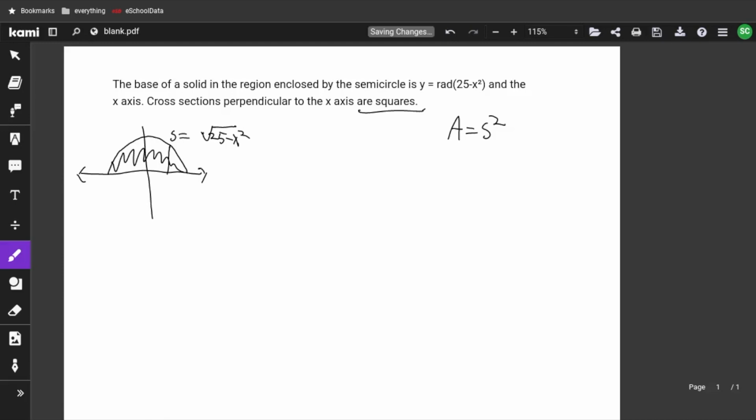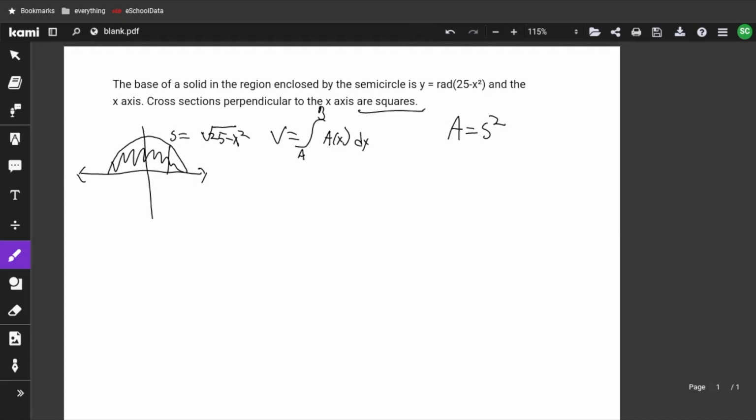Now, going back to the original equation that I stated before, the volume is going to be the integral from a to b of the area. We know our area is going to be S squared, and that S is equal to this.